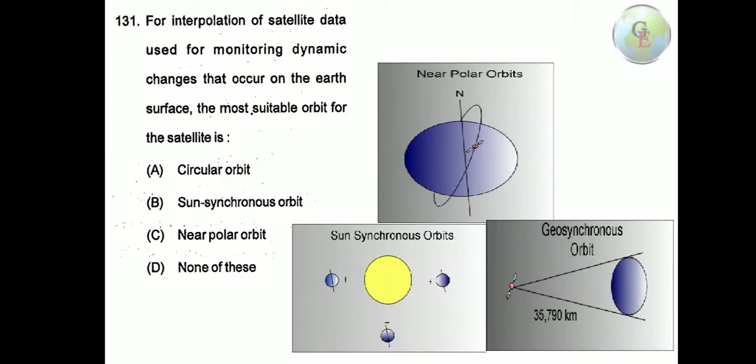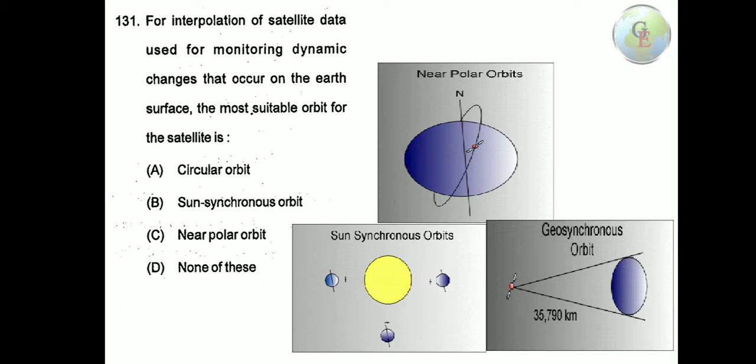For interpolation of satellite data used for monitoring dynamic changes that occur on the Earth's surface, the most suitable orbit for satellite is: option A, circular orbit; option B, sun synchronous orbit; option C, near polar orbit; and option D, none of these.